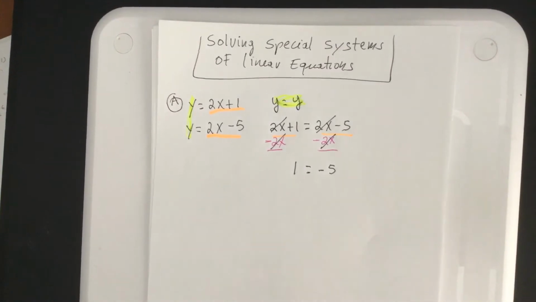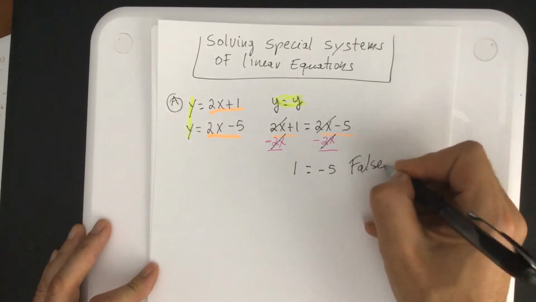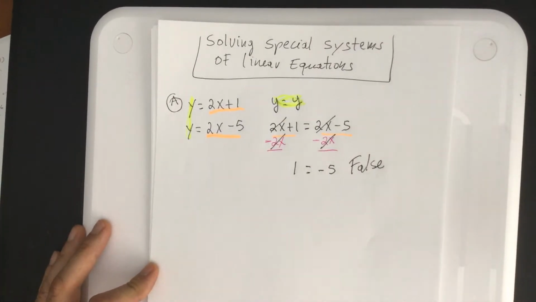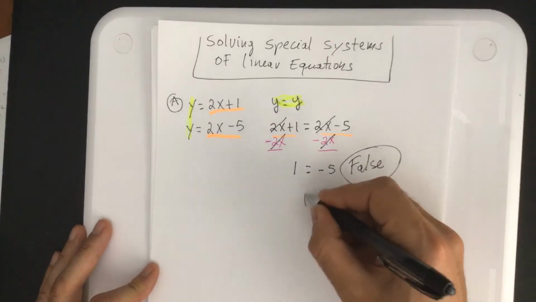And there is something wrong here, right? We don't have any variables, and we got a statement that is not true. 1 is never going to be equal to negative 5. So it's a false statement. When you get something like that, it means that this system of equations has no solution.